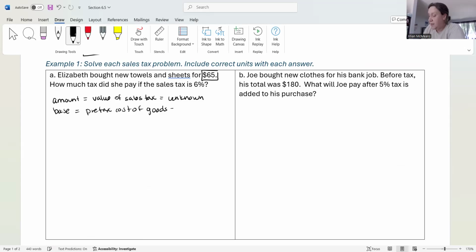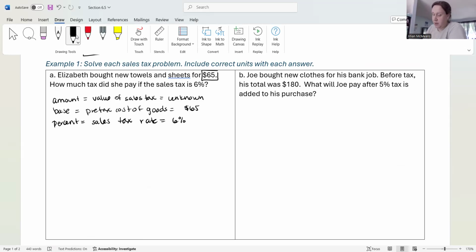And we do know that that is $65. And then the percent is the sales tax rate, which for us is 6%.